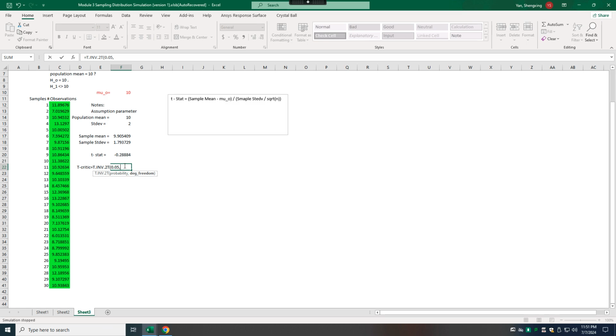Oh, it should be n minus 1 degrees of freedom, that would be 29. Okay, here we have the t-critical value. Sorry, this should be a lowercase t.